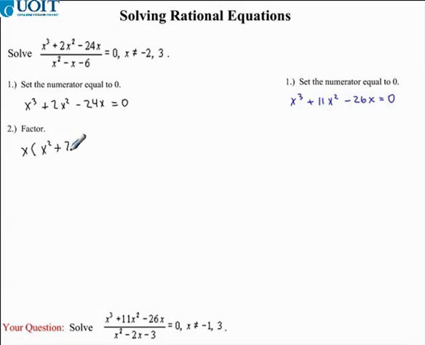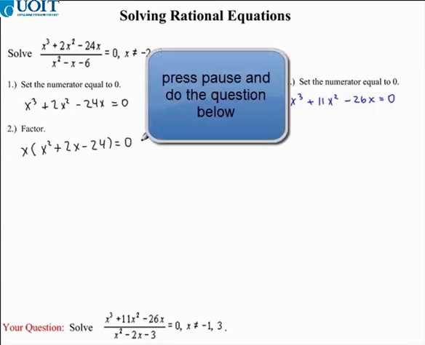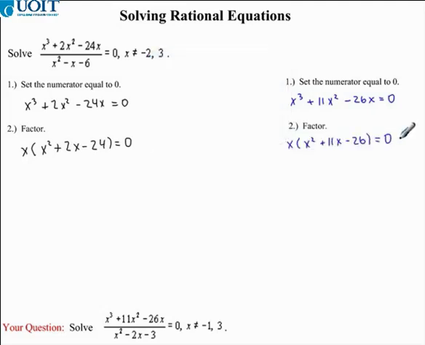So plus 2x. And our third term will be 24x divided by x, which is just 24, and we are subtracting this number, minus 24. And it is still equal to 0. Now try doing this step with the question you are given. Here's what your answer should look like.